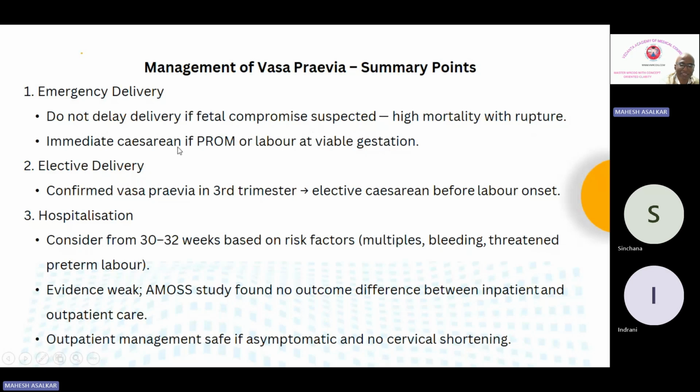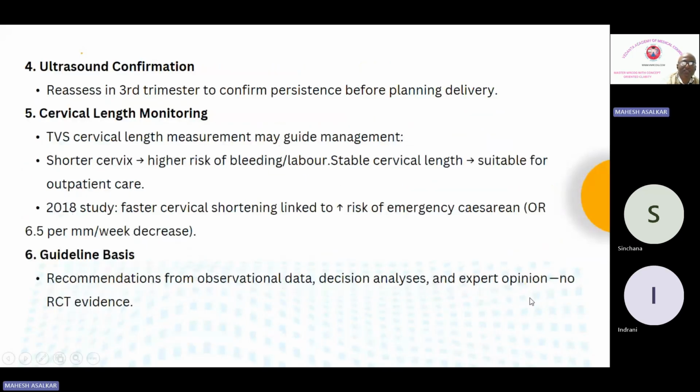We'll discuss all categories subsequently in our sessions. Then elective delivery: confirm vasa previa in the third trimester, and do an elective cesarean section before the onset of labor. Then hospitalization: consider from 30-32 weeks based on risk factors like multiple bleeding, threatened preterm labor, etc. These are the few summary points.